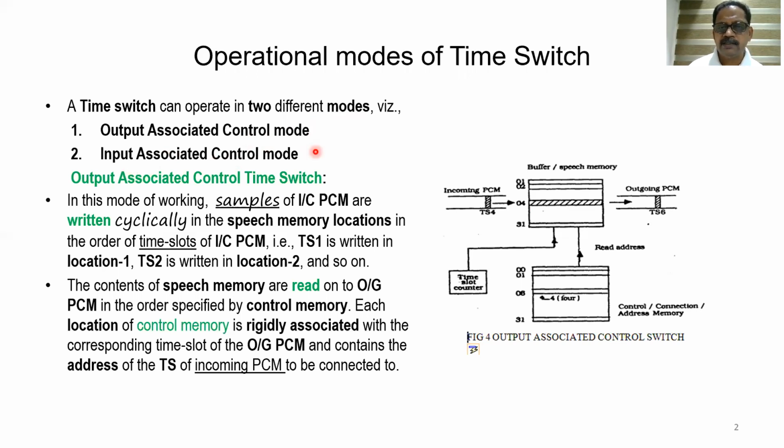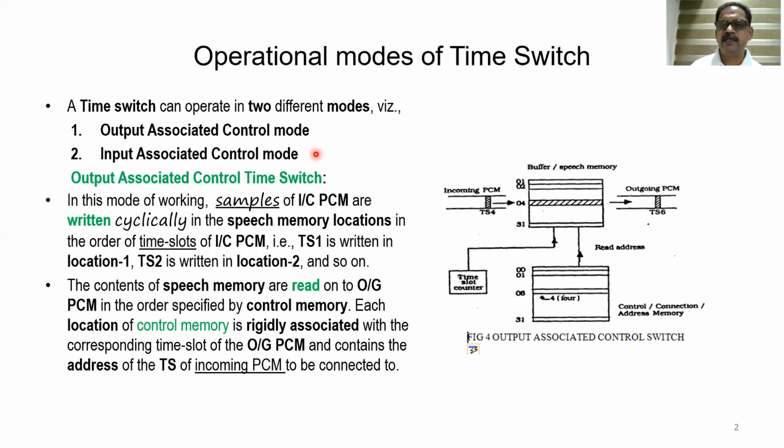In our earlier discussion, we have discussed the output associated control switch. Now we will continue our discussion on output associated control time switch. The switching control can be output based or input based.